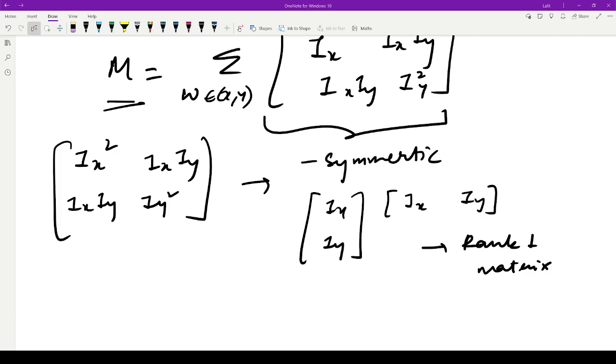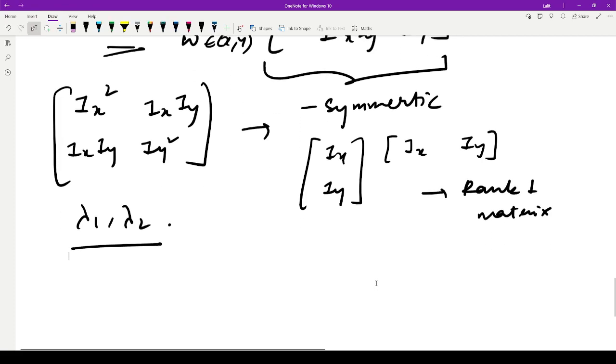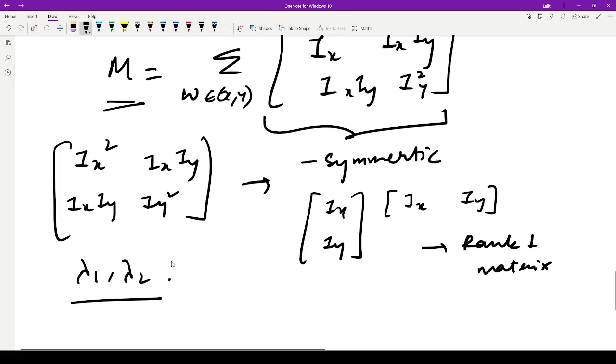And how do you do that? So you compute lambda 1 and lambda 2, not of this matrix, but of matrix M. So we compute lambda 1, lambda 2 of matrix M, and then what?